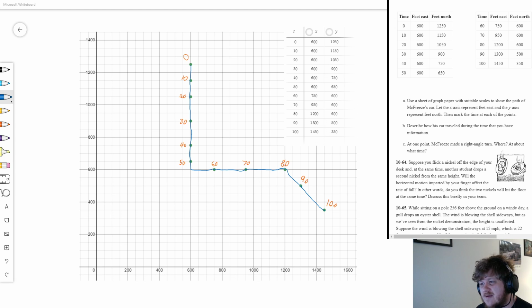And somewhere between 50 and 60, he made a right turn and started going towards the east. And then from there he continues on, and then he goes diagonally.